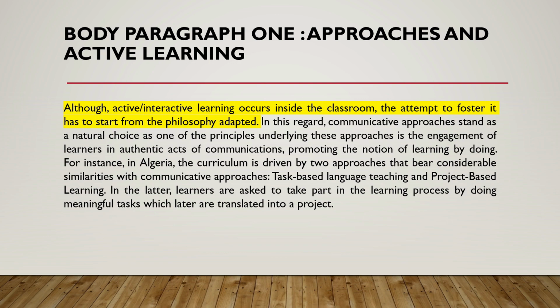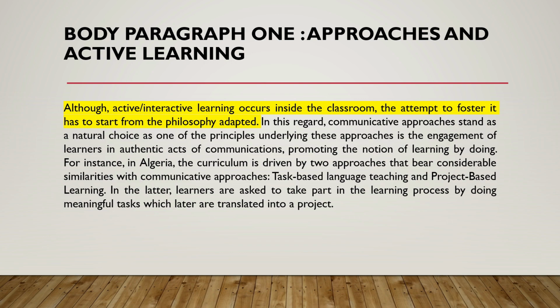This is so important. It's like I'm convincing anyone who's reading that, hey, you should really listen to and read what I'm saying concerning the importance of the approach with active and interactive learning. That sentence alone is responsible for making the whole paragraph shine.